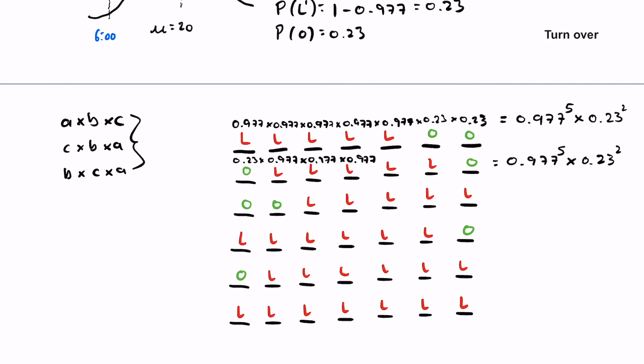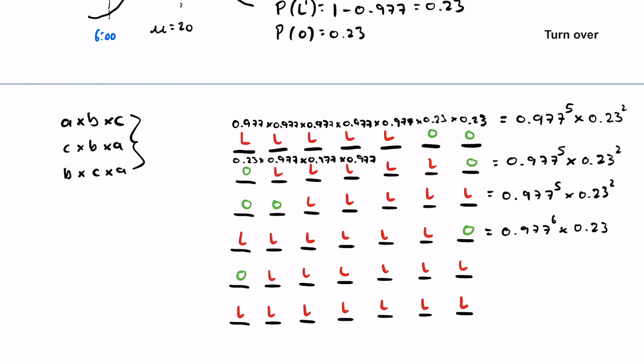So we can start to condense this and speed things up a little. So 0.977 raised to the power of 5, this is 0.23 squared. Okay, let's look at this situation. We have 0.977, that's the probability of it being late. We're going to multiply it by itself 6 times. So here we have 0.977 raised to the power of 6, and we're going to multiply by 0.23 once.